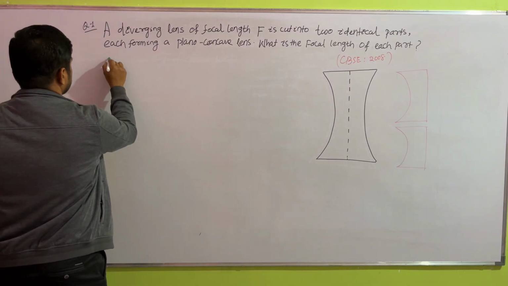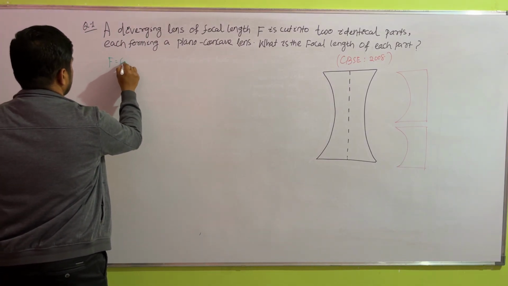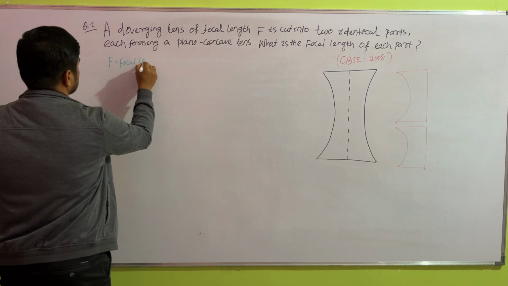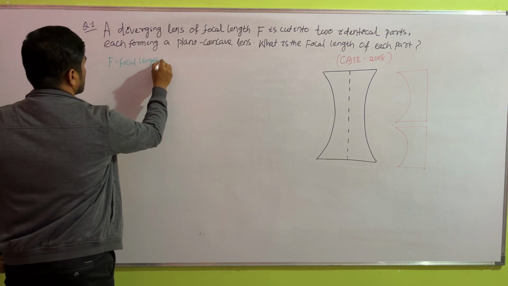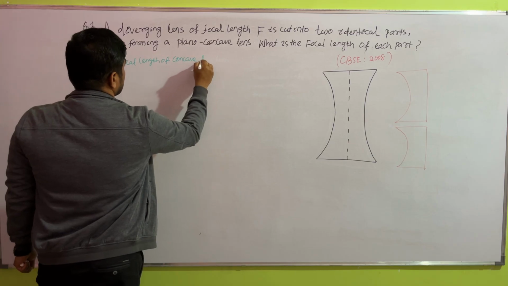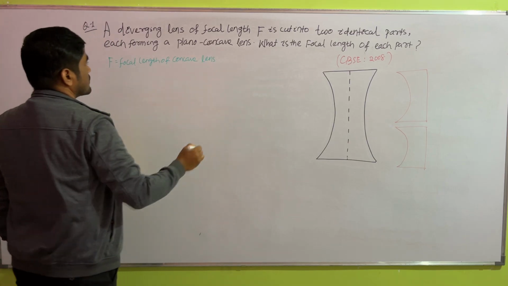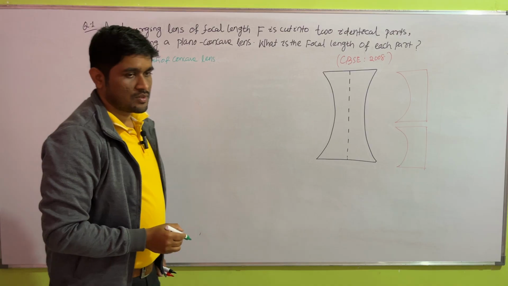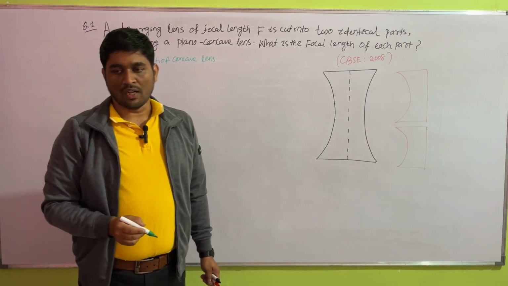Given f, the focal length of the concave lens, and we know the lens maker's formula.